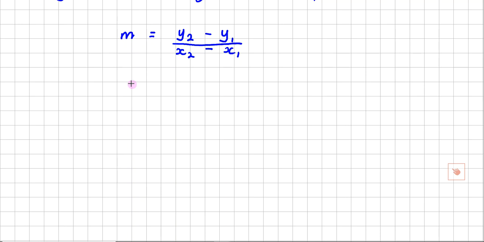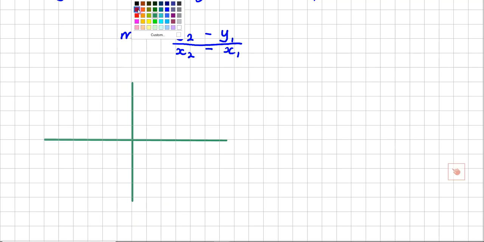Draw yourself a set of axes, like we've just been doing, and we'll draw some lines. I would like you to draw a line with a gradient of +3 for me.